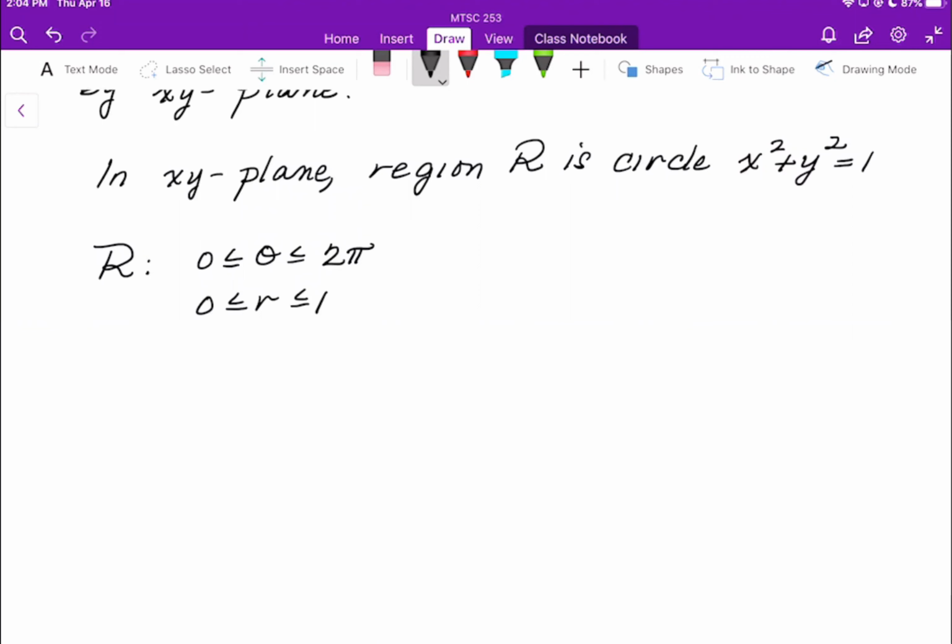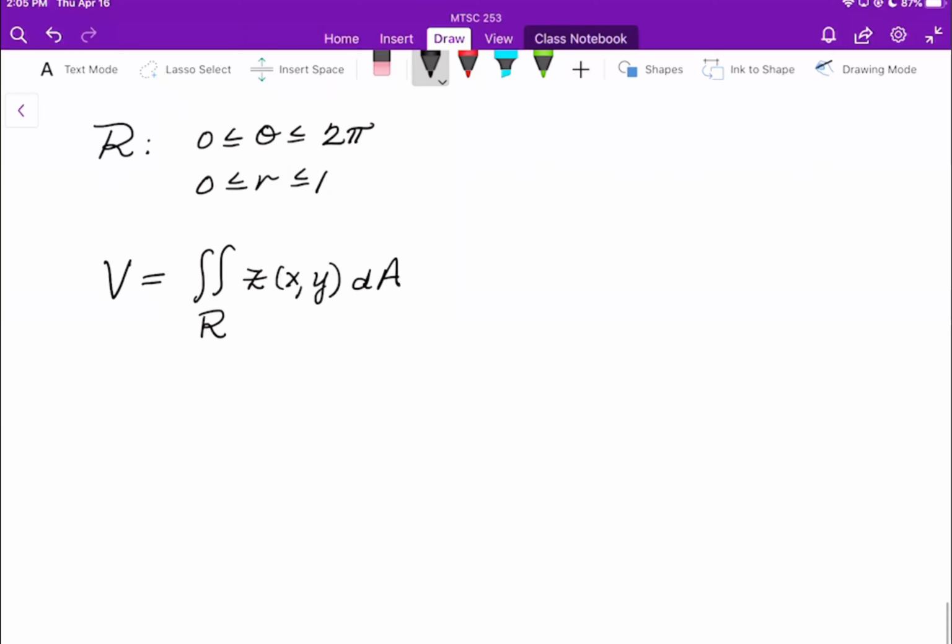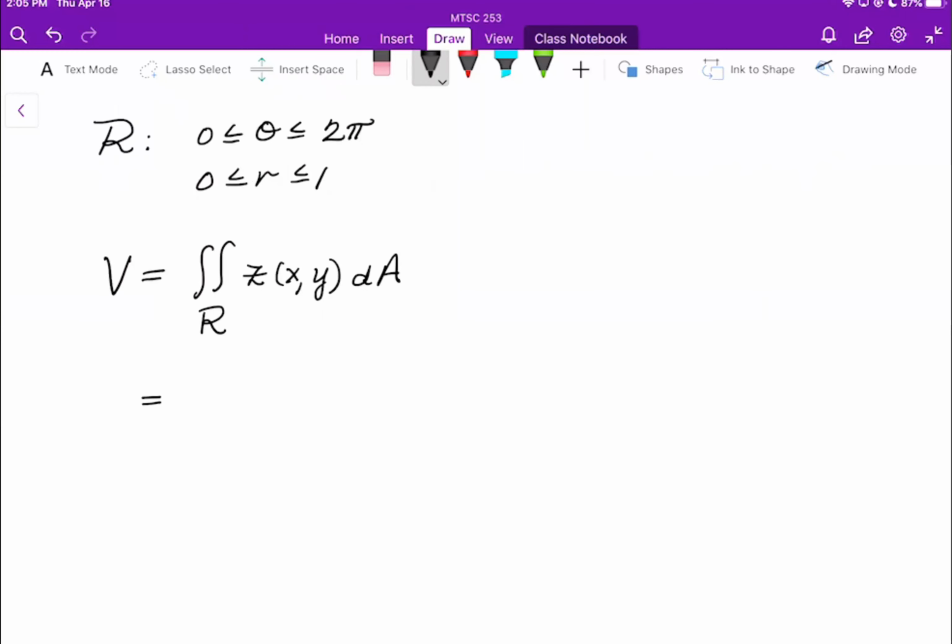So therefore the volume is a double integral over the region of z of x and y dA. But I'm going to switch that to polar coordinates.